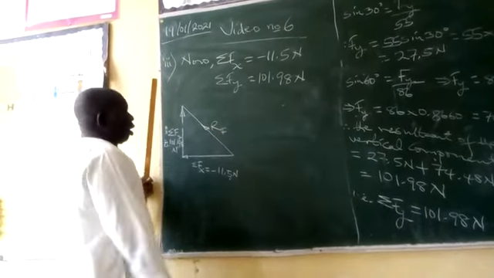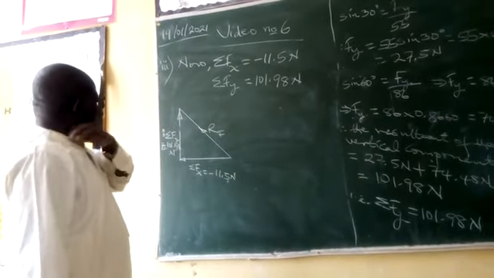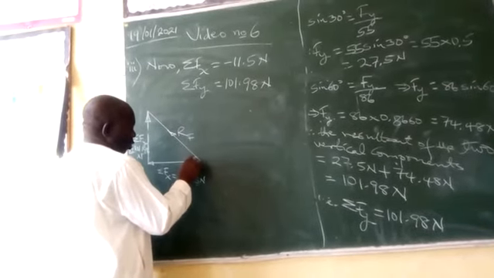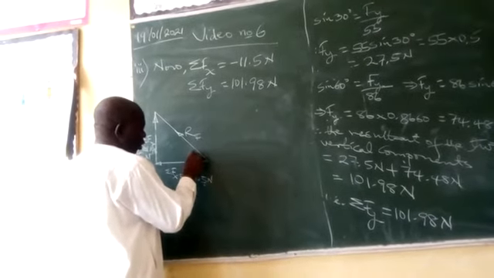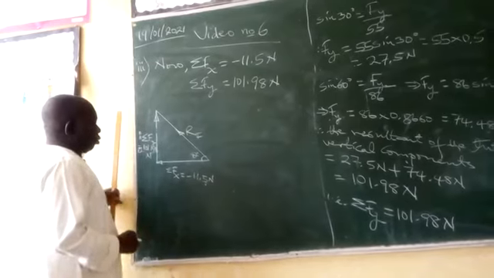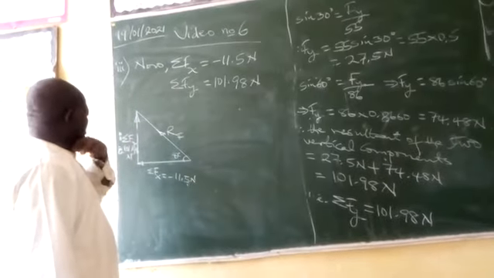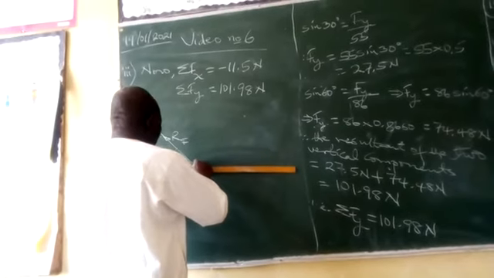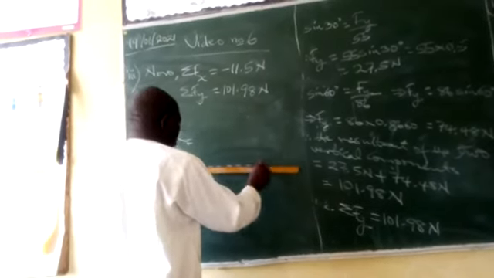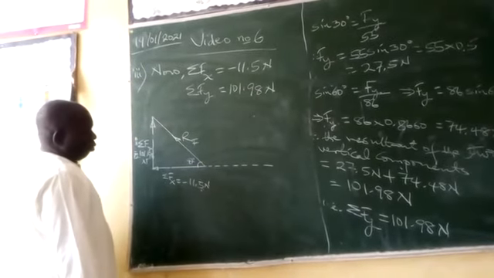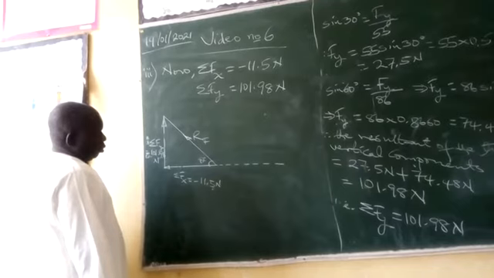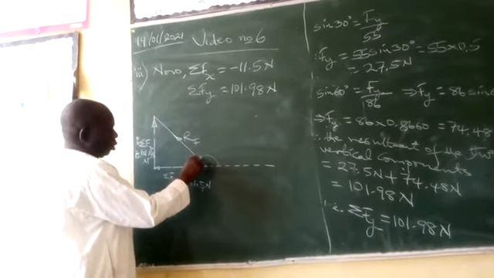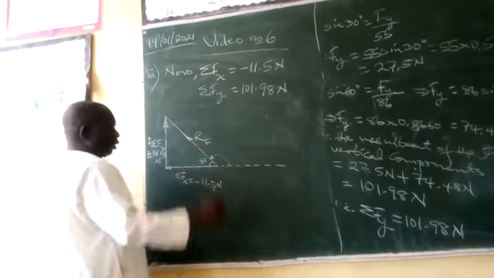Now the question is the angle the resultant makes with the horizontal. Let this angle be theta. If I extend this one here, the angle which the resultant makes with the horizontal should be this angle. But how do we find it? We have to find theta first, is it not?